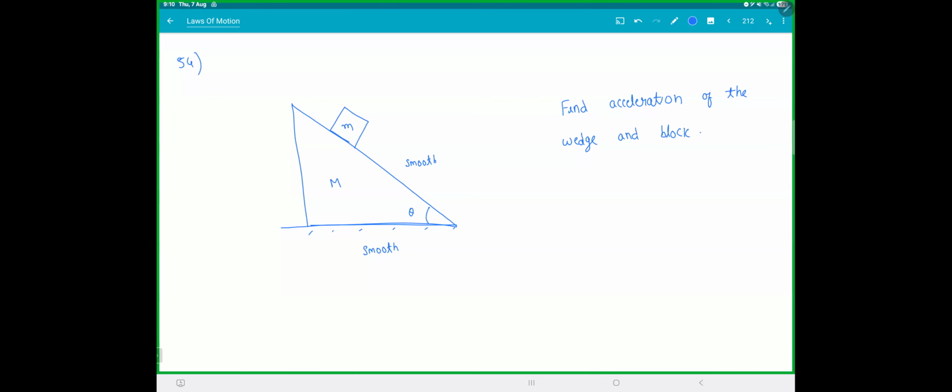In every question, if they don't mention anything, they simply ask acceleration, they're asking in the ground frame. Try. Everyone should give it a try.